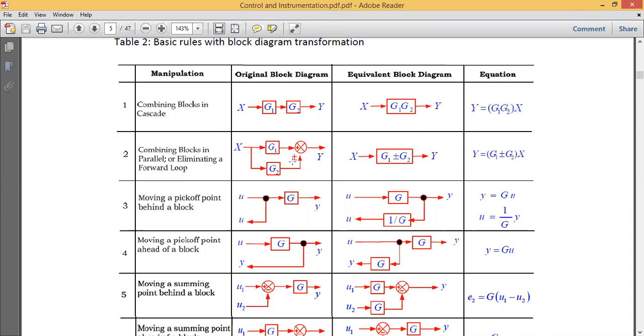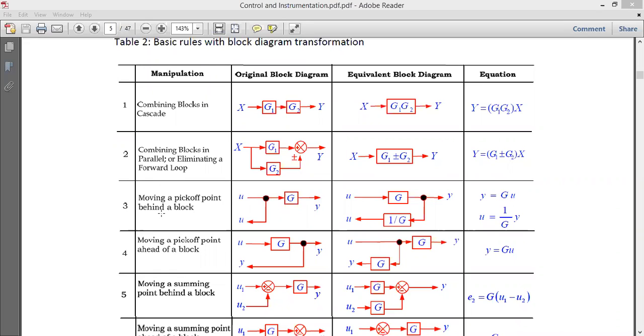If I have only plus, you write simply plus; if you have minus, you write minus. That is G1 minus G2 or simply G1 plus G2. Its equivalent equation, the transfer function equation, is Y equal to G1 plus or minus G2 multiplied by X. So this is my second rule, blocks in parallel.